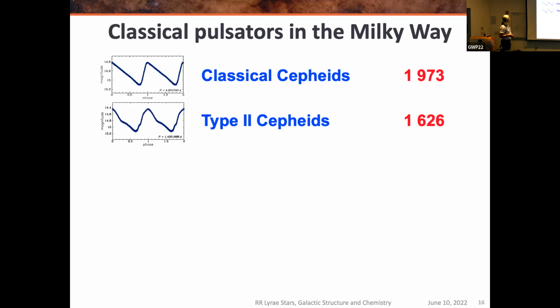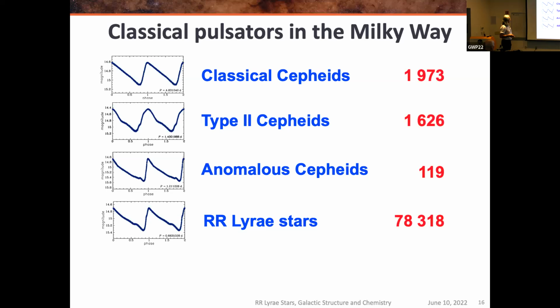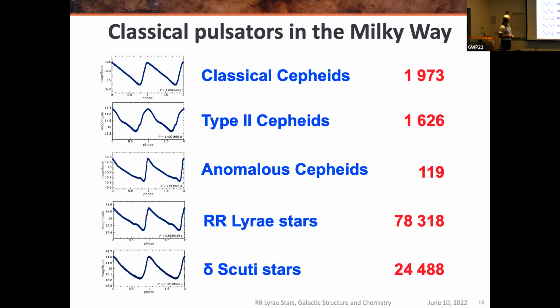So here I present the number of different types of classical pulsators included in our collection. This is the largest set of classical pulsating stars in one collection, in one catalog. The light curves are quite similar, but we are astronomers.